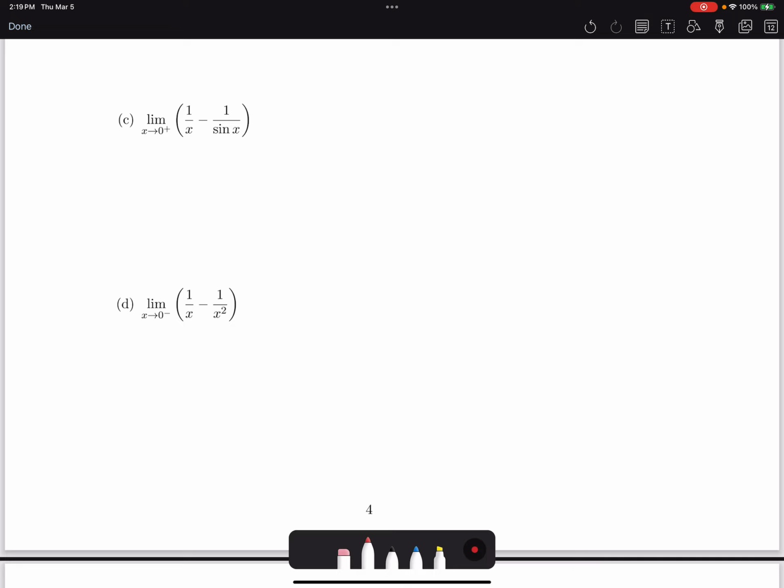And so we have an infinity minus infinity situation here. With these types of situations, usually finding a common denominator and then combining those two fractions will do the trick. So let's try that. If that doesn't work, we could maybe try multiplying by a conjugate or something along those lines. But let's try just subtracting those two fractions.